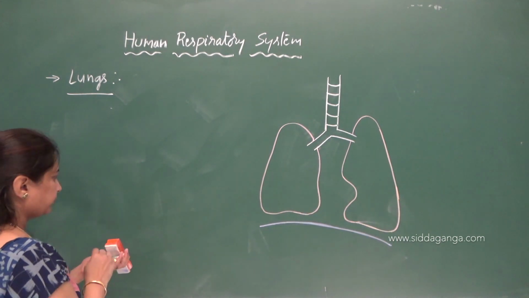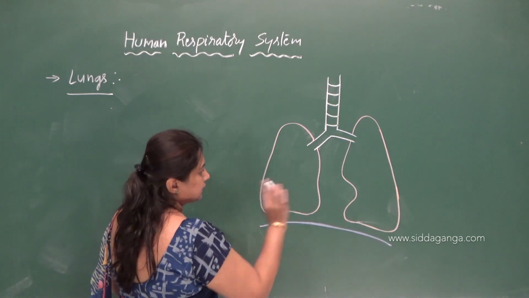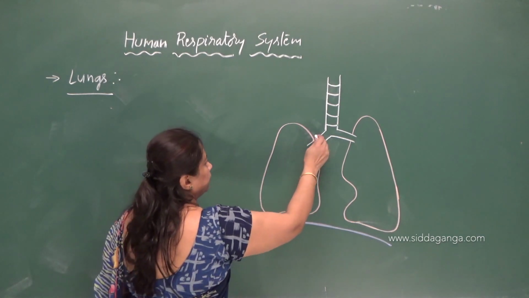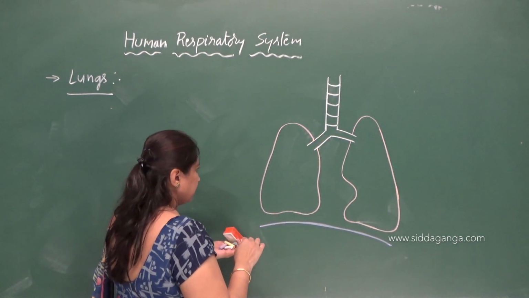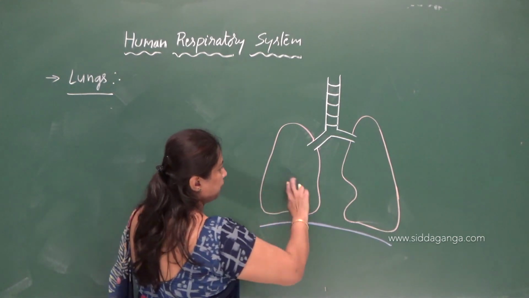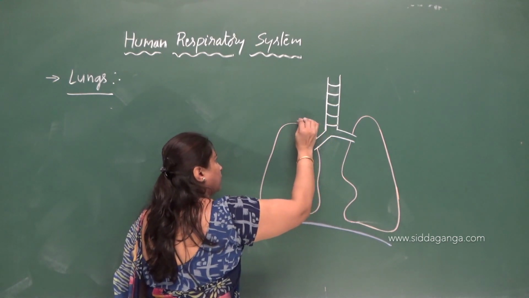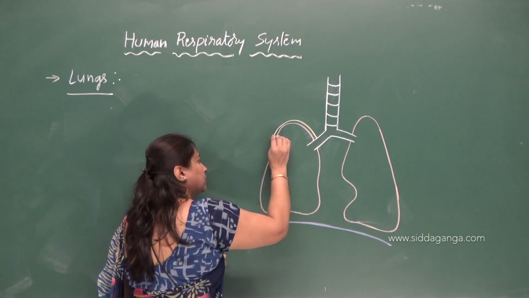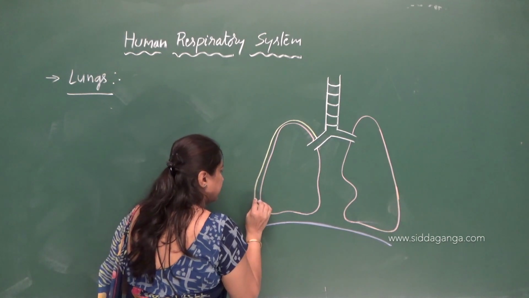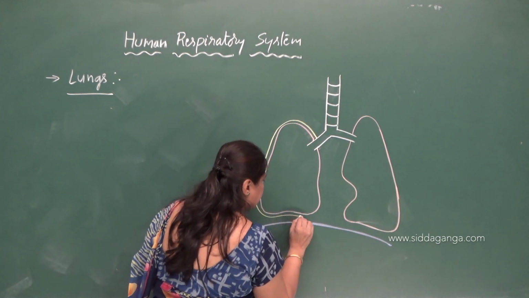Right? And each lung is enclosed by two membranes. The membranes are called as pleura. The coverings of the lungs are called as pleura, or they are also called as pleural membranes.